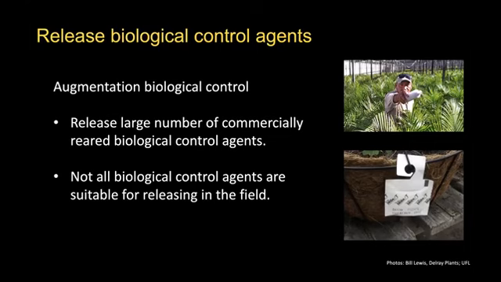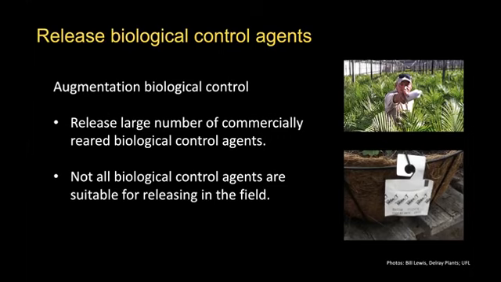Many companies around the US supply these biocontrol agents in bottles that you can use to sprinkle around in your crop, or you can use these packets that you can see in the picture, and you can hang this packet in your crop, and the biocontrol agents will disperse on their own. However, not all the biological control agents are suitable to release in the open fields, as many of them can fly or are very mobile, and they can easily run away.